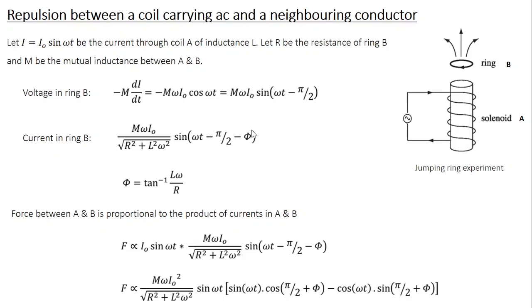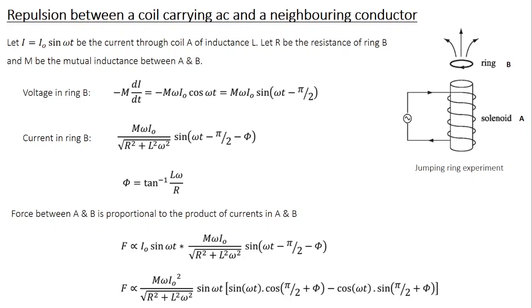So that's why we add this extra phase term here, just to maintain the phase relation between voltage and current in an LR circuit. So I can write the current in ring B as M omega I naught divided by the square root of R square plus L square omega square, times sine (omega t minus pi by 2 minus phi), where phi is tan inverse of L omega by R.